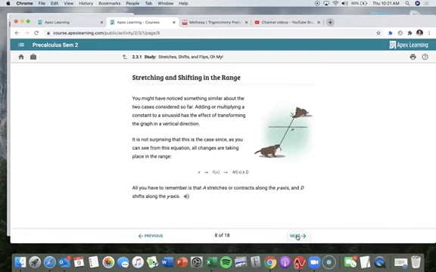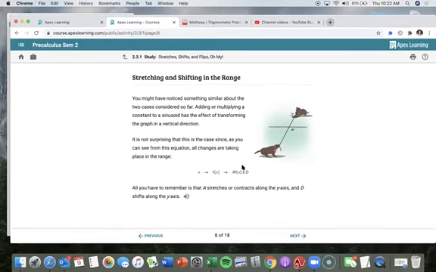All right, so again, hopefully you're noticing some familiarities here. But regardless, when I'm adding or multiplying the function itself, I'm not dealing with x, I'm dealing with the entire function. That's when I'm going to be moving along my y-axis, stretching, compressing on the y-axis, moving up and down, all of that stuff.